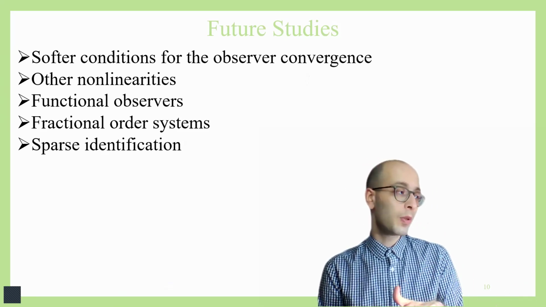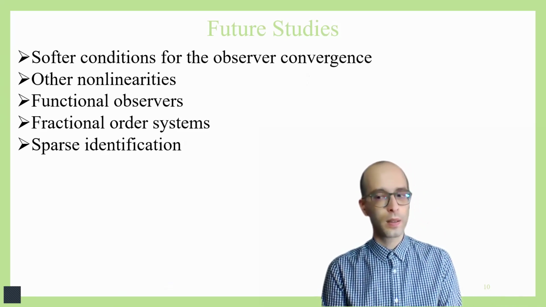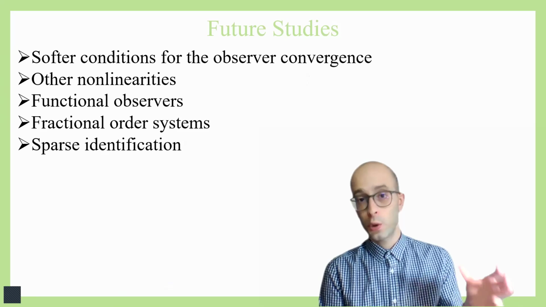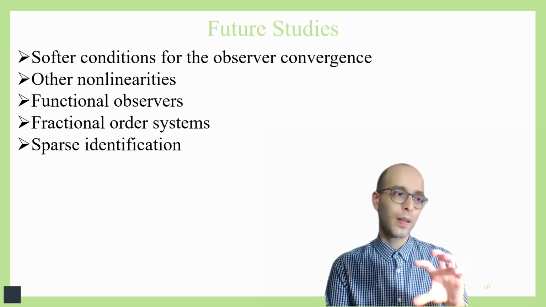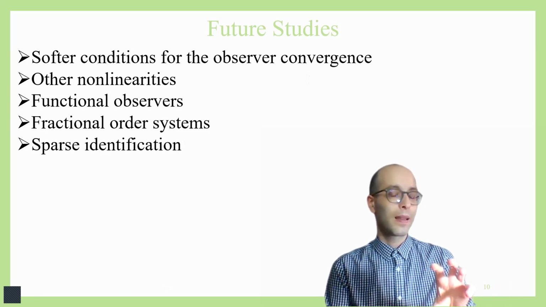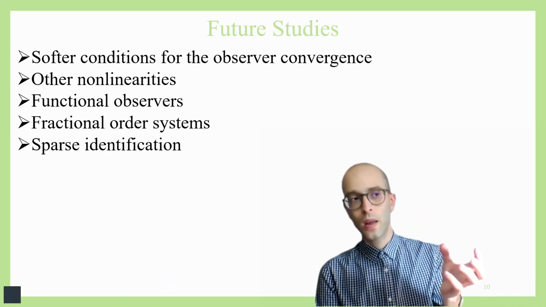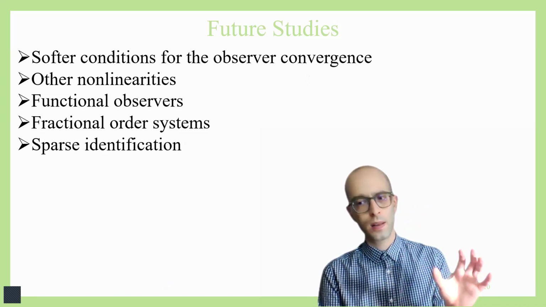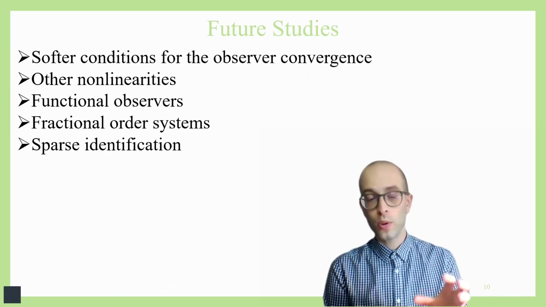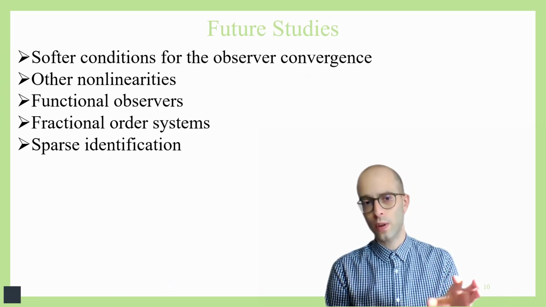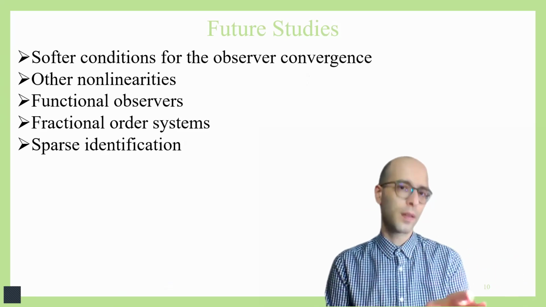I'm not sure if we would be able to define a pure mathematical proof for this type of observer, but from a numerical perspective, it would be very interesting to see if it is possible to define an observer that doesn't know the system at all, that estimates the system, and then through this estimation manages to maybe estimate the internal states. I'm not sure how we would design that. This is very difficult, and I'm not sure if it's possible to define mathematical conditions for this. But from a numerical or a machine learning perspective, it is a very interesting problem.